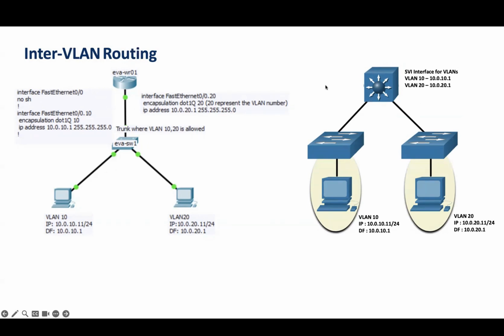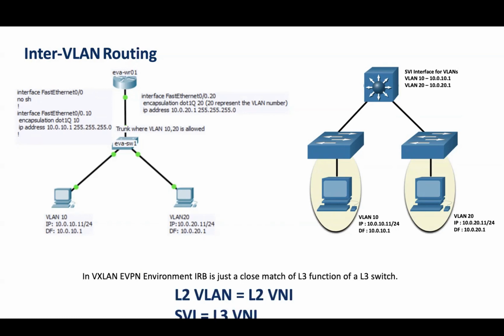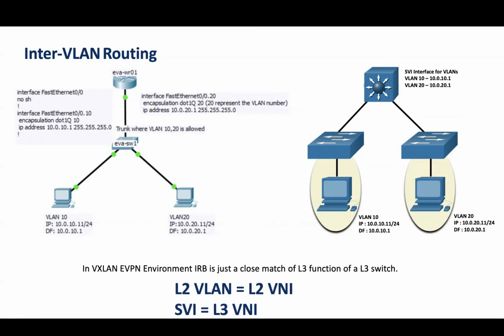Configuration wise, we have layer 2 VLAN configured and SVI configured on the layer 3 switch. This is the closest match to asymmetric IRB. The main difference between asymmetric IRB and symmetric IRB is where we are going to perform layer 2 and layer 3 lookup.